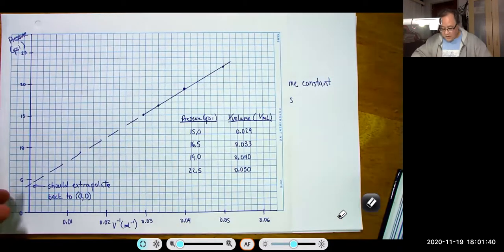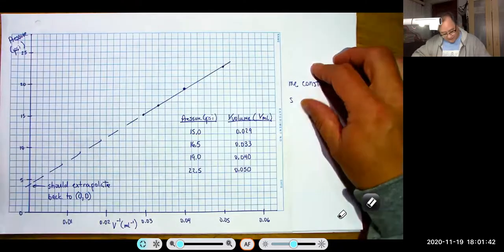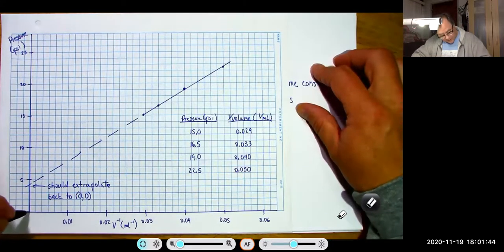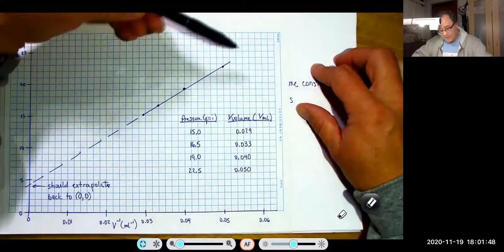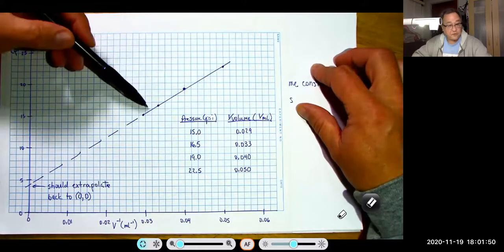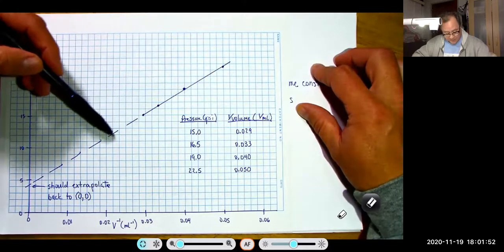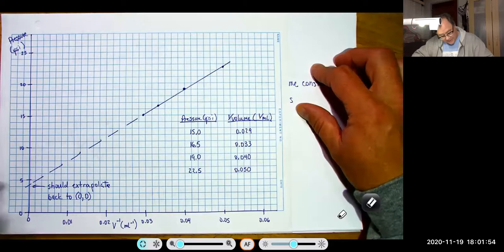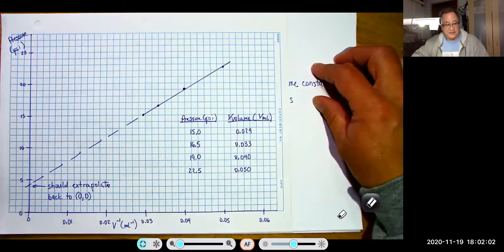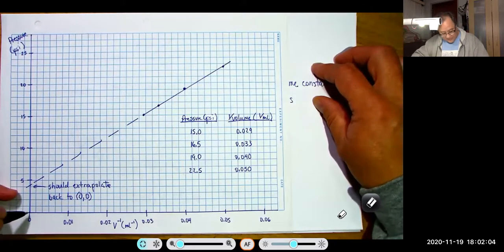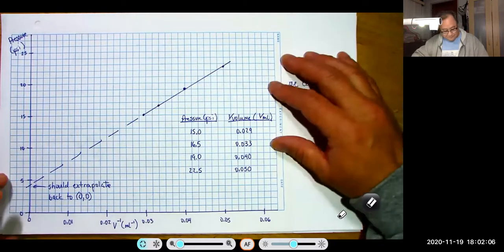Now, when we plot these again, where we have a 0, 0, you'll notice that I can extrapolate back from these 4 points, which still form a straight line, to about 4 psi. Now, this should extrapolate back to 0, 0, so we didn't do that great of a job.